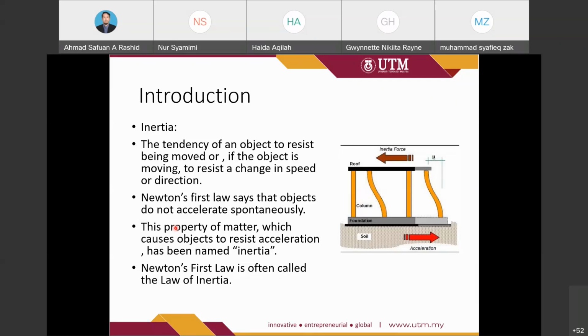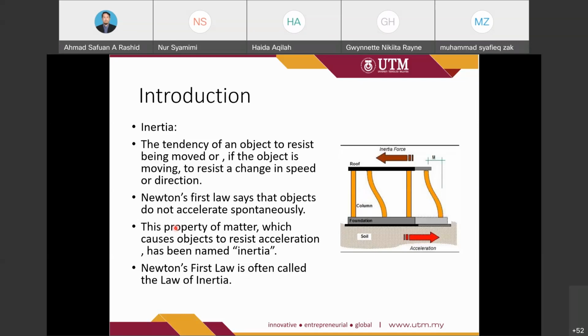Newton's first law says that an object does not accelerate spontaneously. This property of matter which causes an object to resist acceleration is named inertia, so Newton's first law is often called the law of inertia.